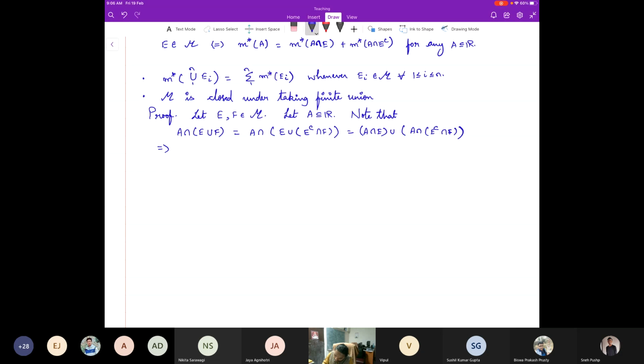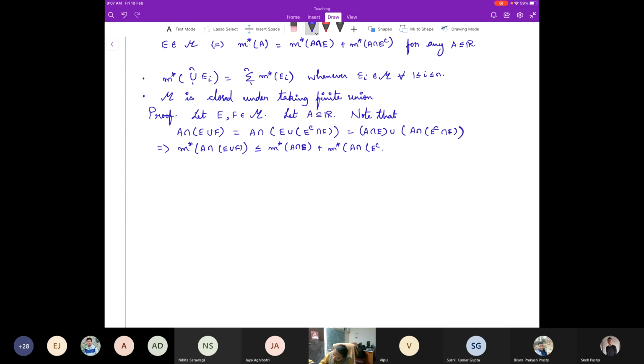Therefore, using the subadditivity, M star of A intersection with E union F is less than or equal to M star of A intersection with E plus M star of A intersection with E complement intersection with F, since we have written E union F as a disjoint union and M star is subadditive.